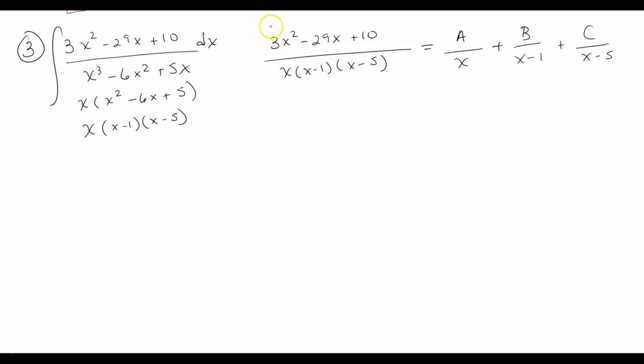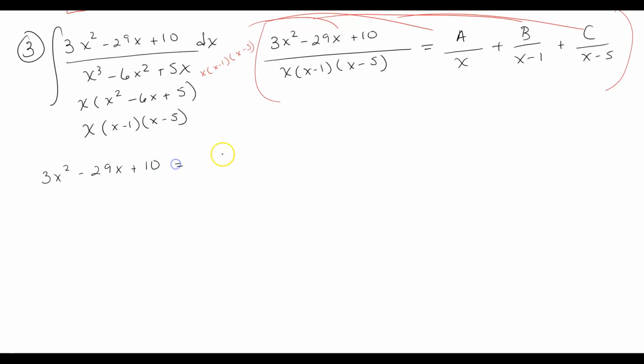First thing we do, of course, is eliminate the denominator. So I'm going to multiply everything by this x times x minus 1 times x minus 5, and I distribute across the board here. This is going to give us 3x squared minus 29x plus 10 equal to, now in the first case, the x term eliminates.